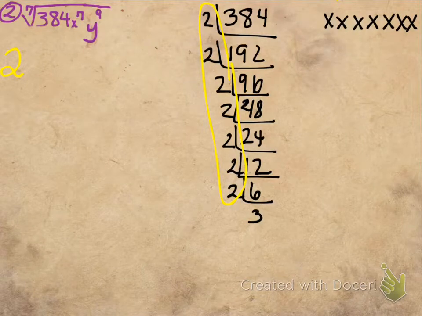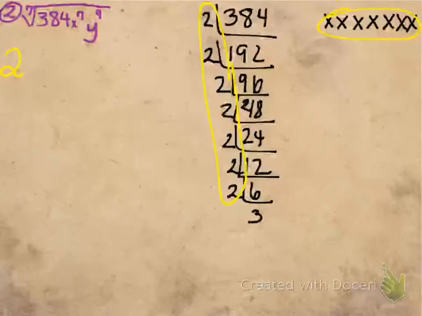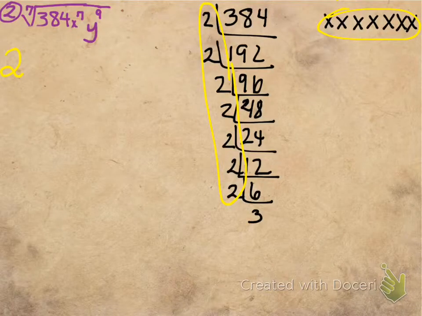So how many groups of 7 do I have? Do I need to write it out to figure that out? No. Because if I have the index and the power match, it automatically comes out just once. Do I need an absolute value bar on this, do you think? No, because the index is odd.